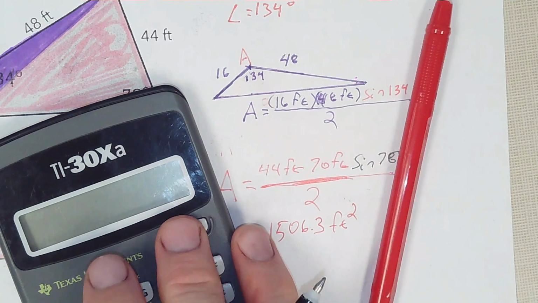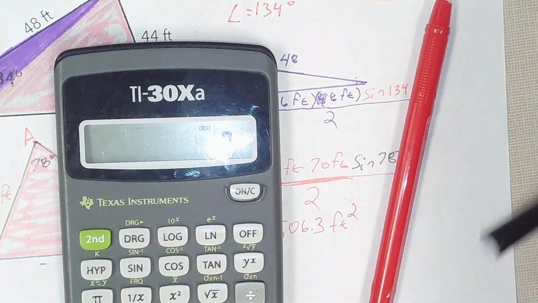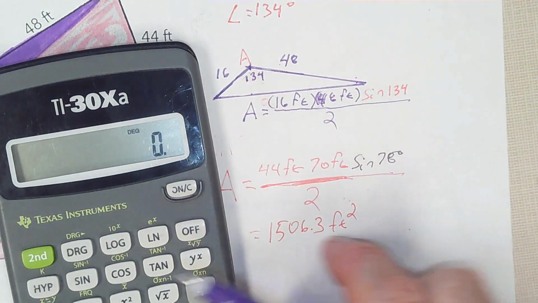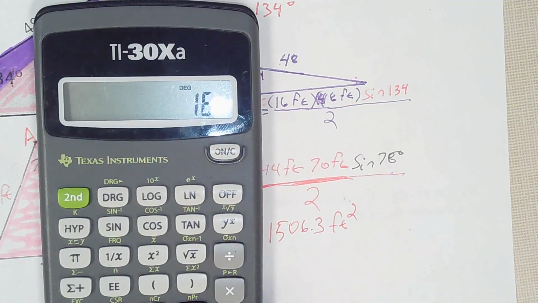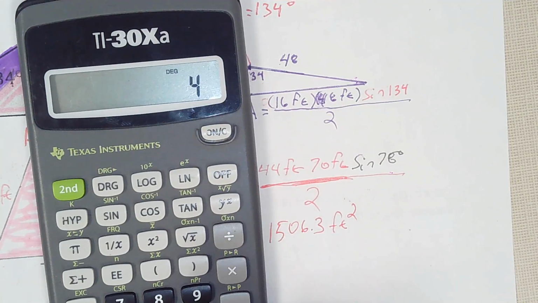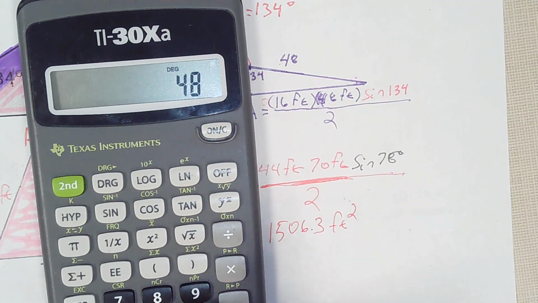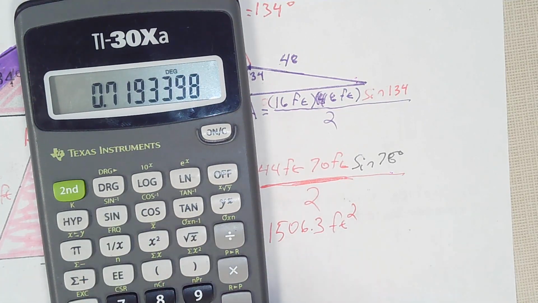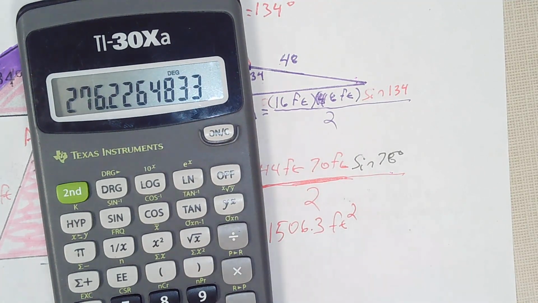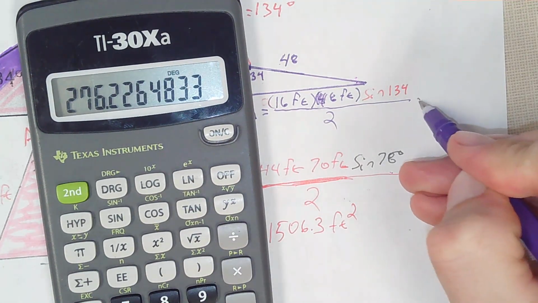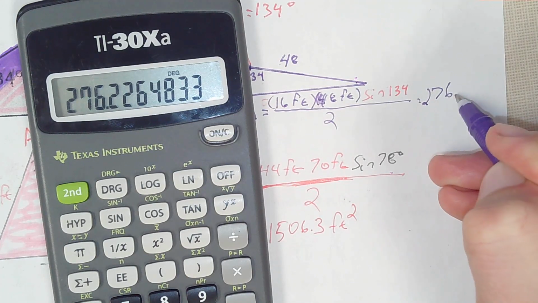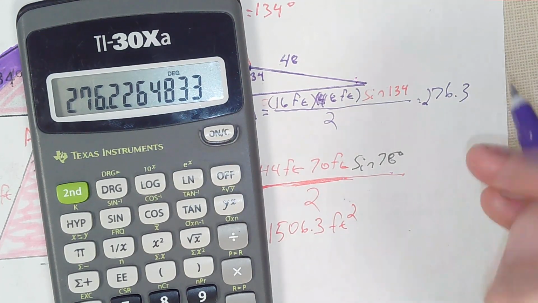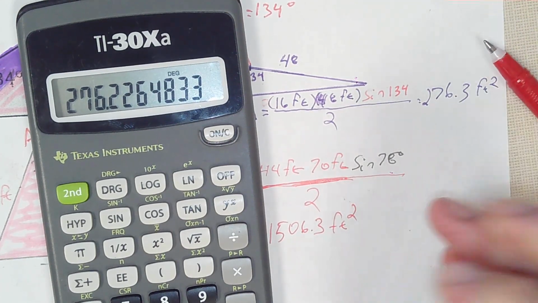And then this area here is going to be 16 times 48 times sine of 134, divided by 2, which equals 276.3 feet squared.